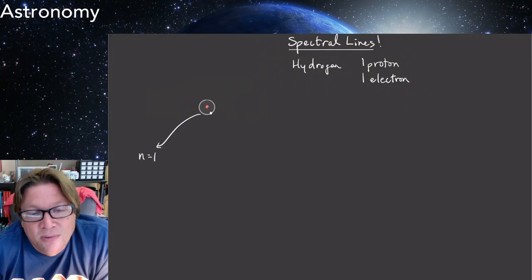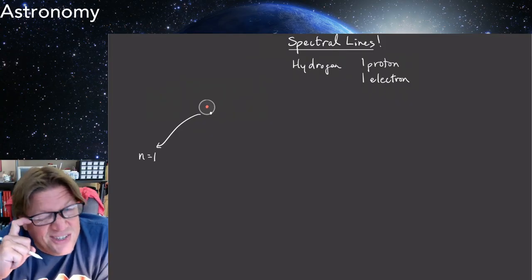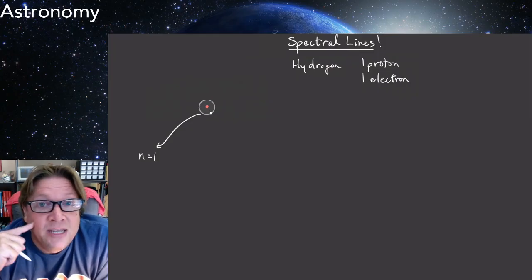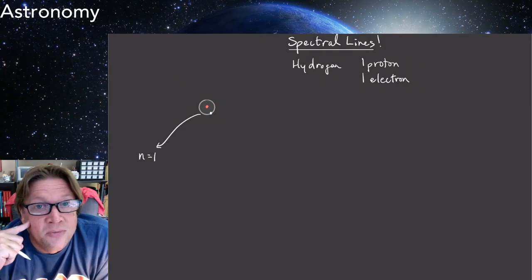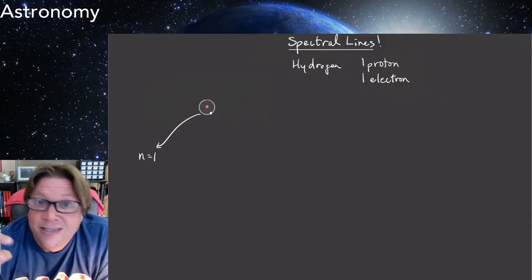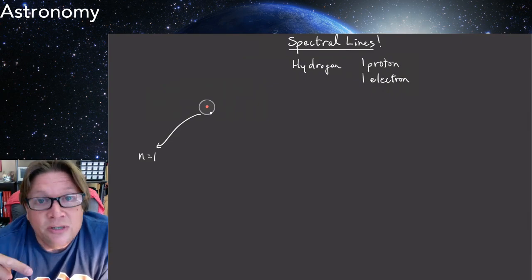It's possible for the electron to spin around the proton in another orbit. Sort of like, and don't take this too seriously, planets going around the sun, right? Mercury has an orbit, Venus has an orbit a little bit further out, and then the Earth, and so on. And so electrons can orbit at different distances. The difference is that they can only orbit at certain distances.